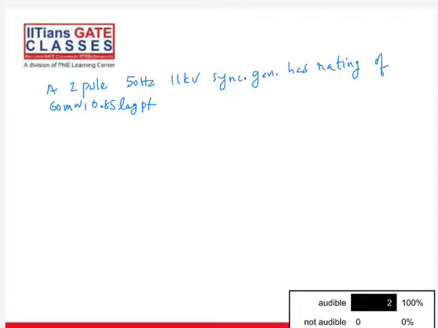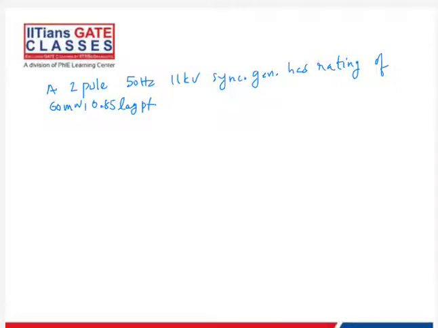Right. So here we have a question where we are given that the generator is a two-pole generator, 50 hertz, 11 kV, and the power rating is 60 megawatt and 0.85 lagging, right? This is one of those questions that is associated with transient stability.